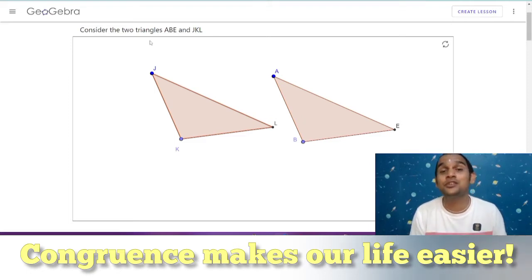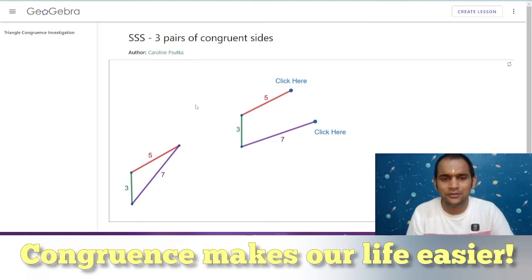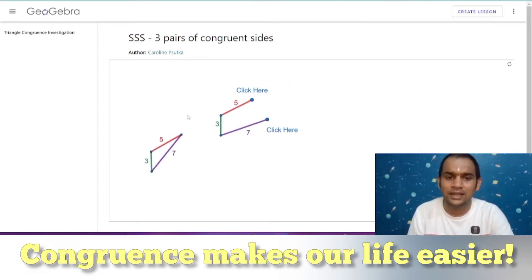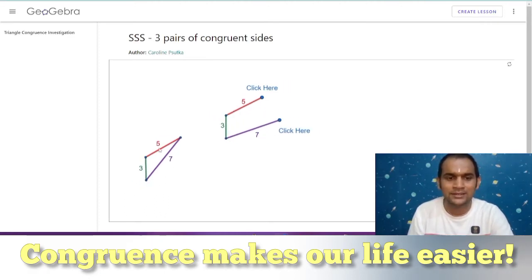We will try to first understand with the help of simulations, and then we will go for axioms and theorems. So let's suppose we have a criteria where all the three sides are the same. As you can observe, the red side is 5 centimeter, the green side is 3, and the violet is 7.